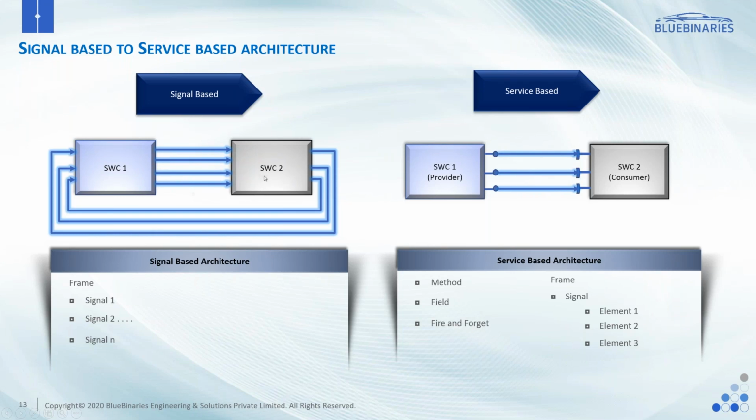If you want to perform a functionality, you might need multiple signal informations coming from a specific sender or multiple senders. When you move on to service based, you might request one service, and the service can have different arguments where you can read all the information which earlier you were accessing via different signals in one service, and then you can perform that functionality quickly.